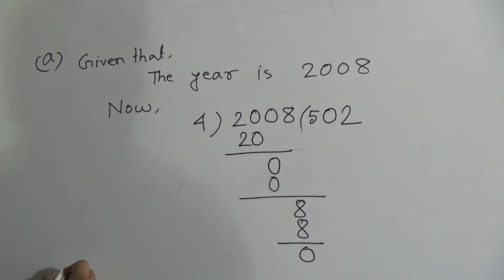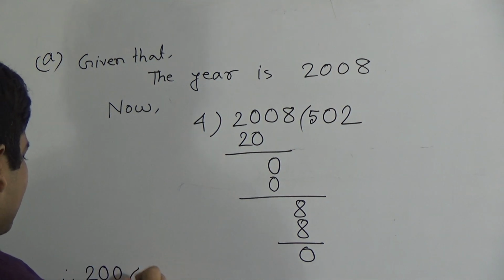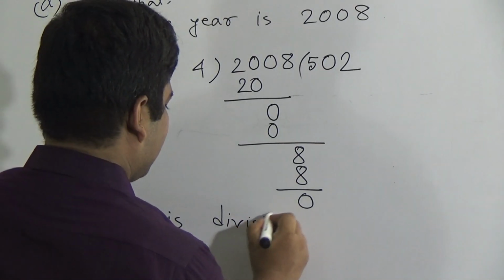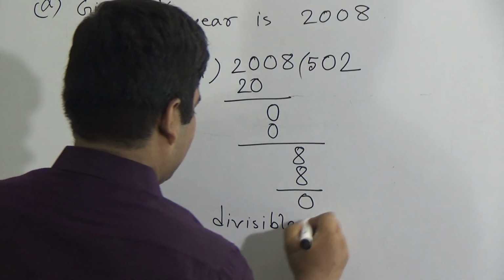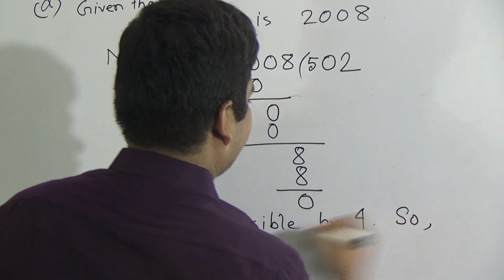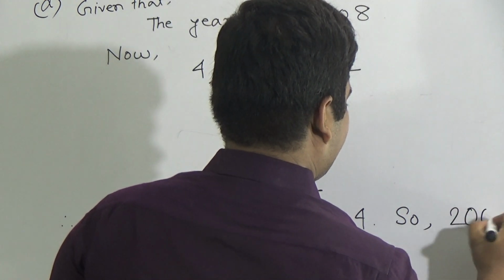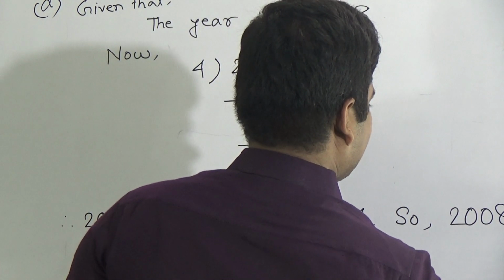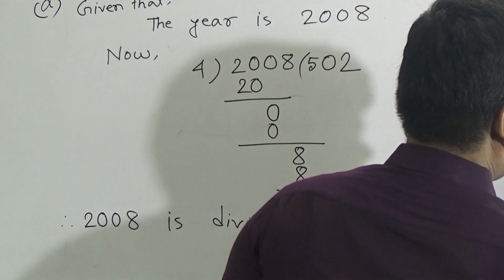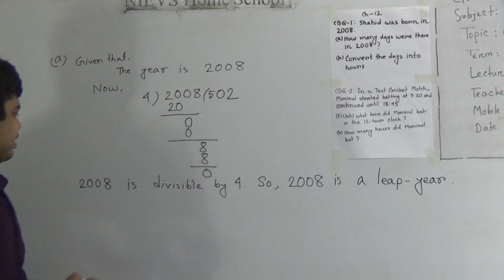So now we write, 2008 is divisible by 4. So 2008 is a leap year.